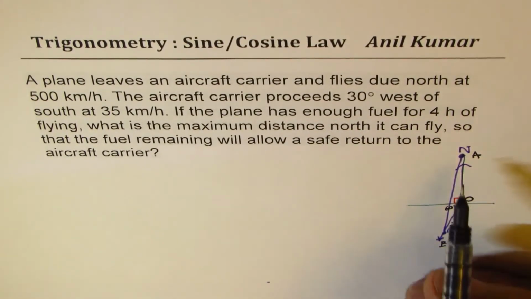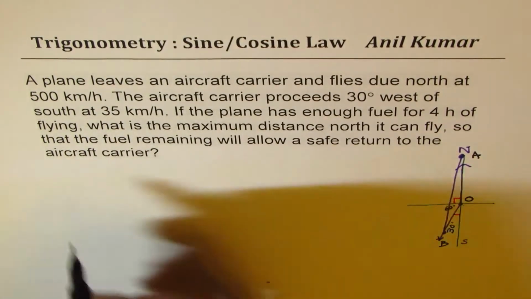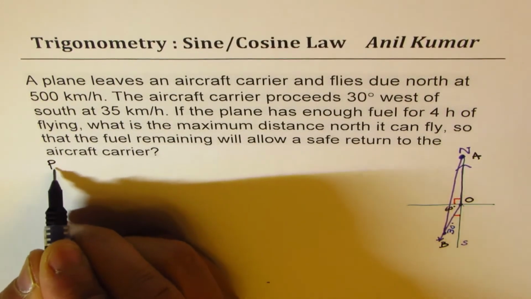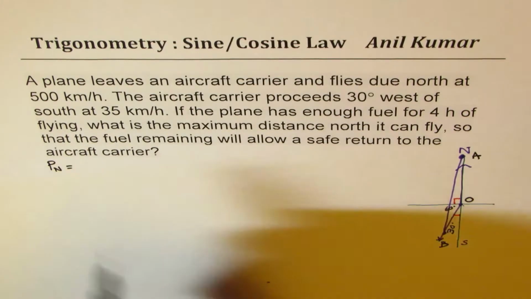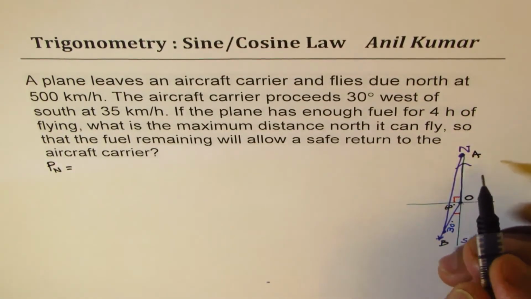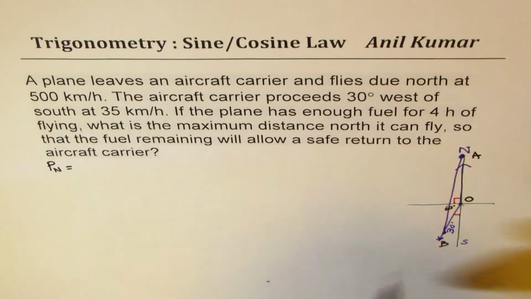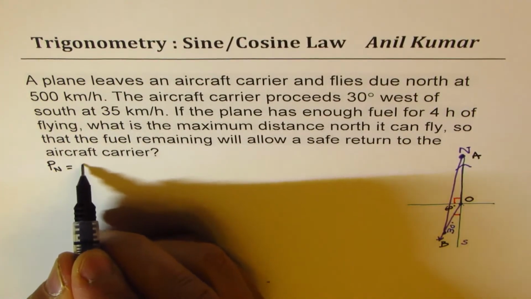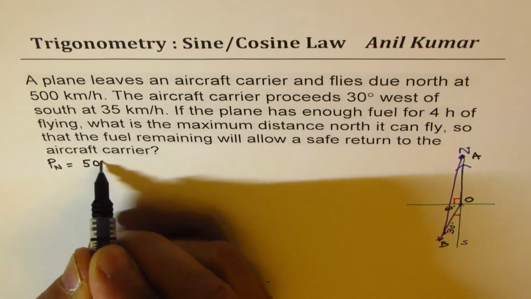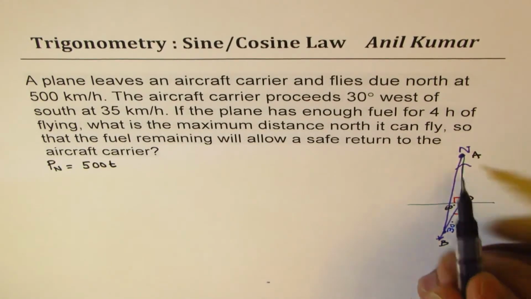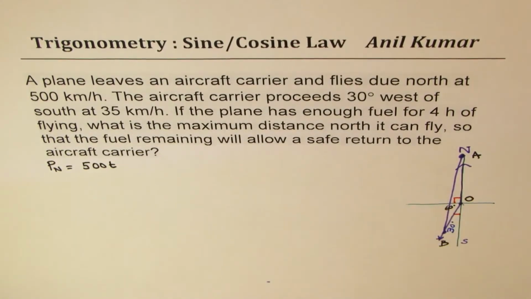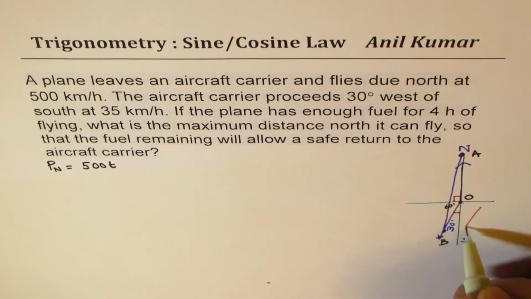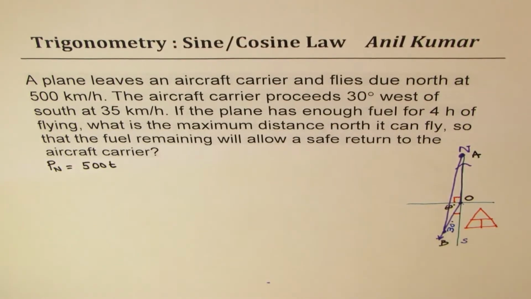Let's say the plane is flying north for time T. Speed is 500, so 500T is going to be the distance. Let me just make a triangle here to relate distance, speed, and time.